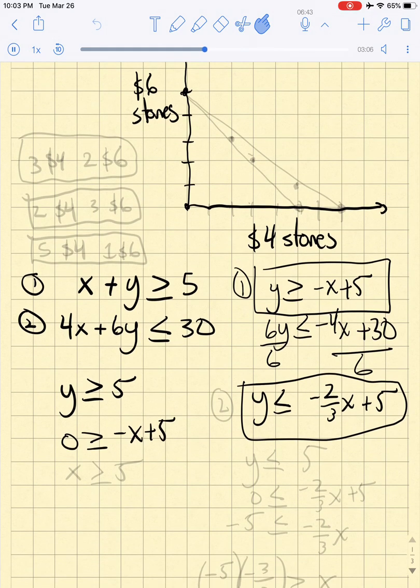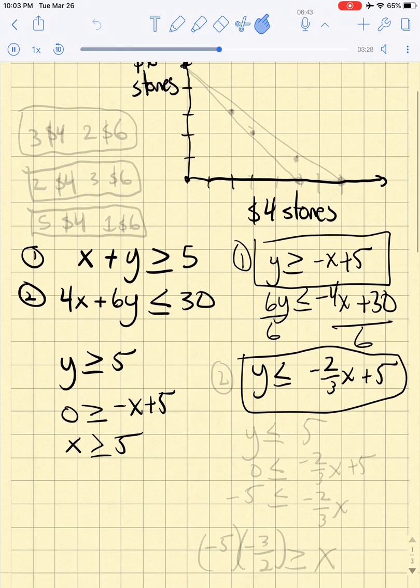So then I have x must be greater than or equal to 5, right? So that would be on the x-axis. 1, 2, 3, 4, 5. There's the dot. So I do a straight line there. Okay, that's my linear for that one.